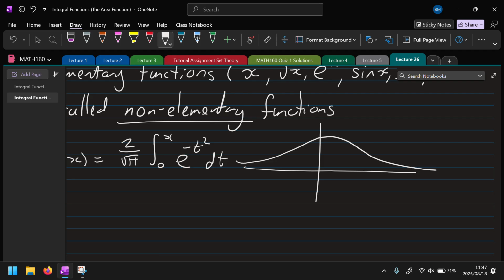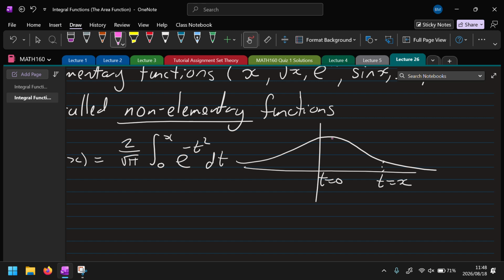What we want from this integral is the area under the curve, right? The integral is the area. So we want the area from t equals 0 to some t equals x, which is a variable, it changes.